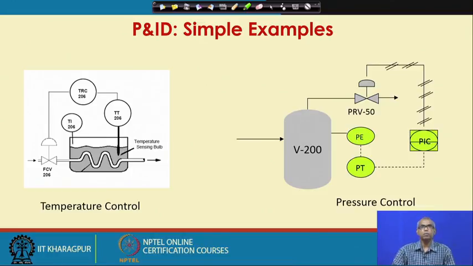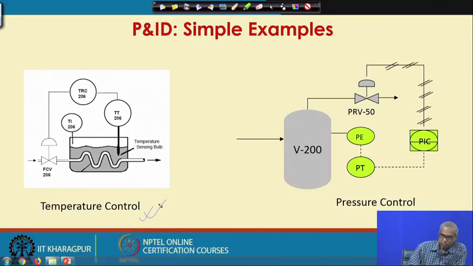Now, a very simple example. On the left you see temperature control. So, the control loop is shown. You sense the temperature, that temperature is transmitted to the controller.